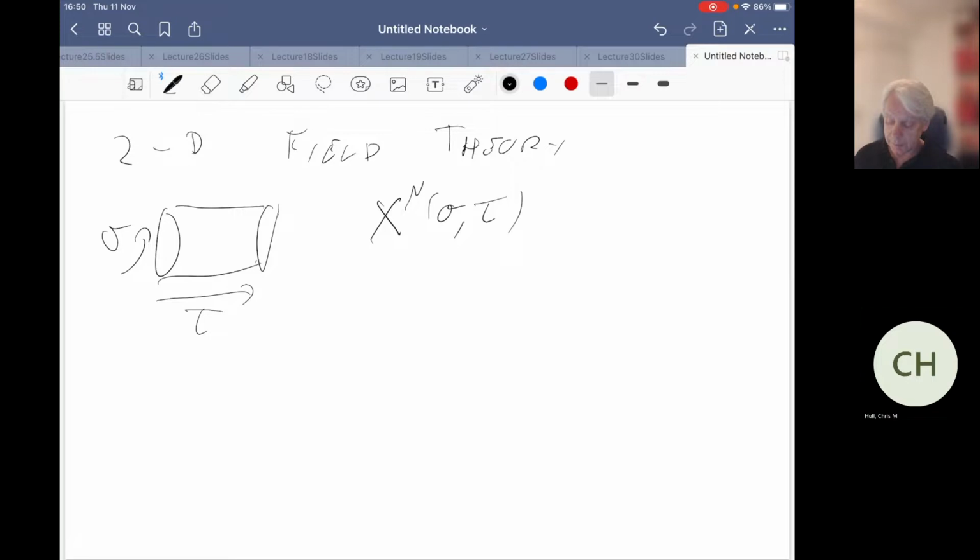And then we can think of these as two-dimensional fields, and the action as defining a two-dimensional field theory, which is designed so as to extremize the area of the world sheets embedded in space-time.